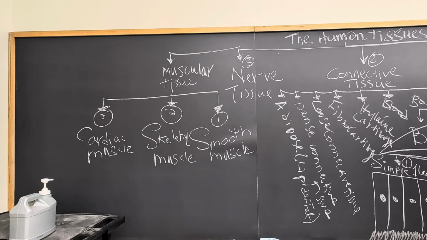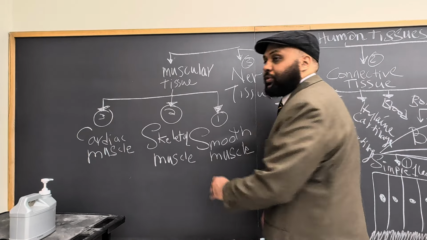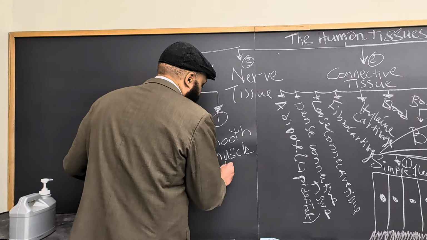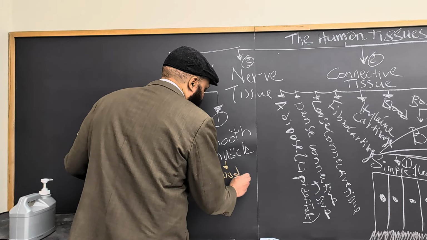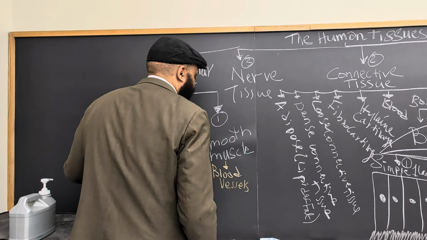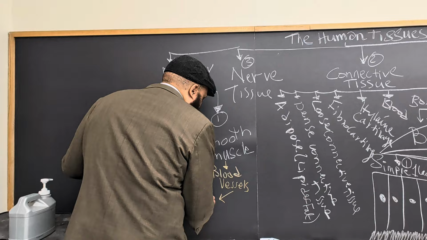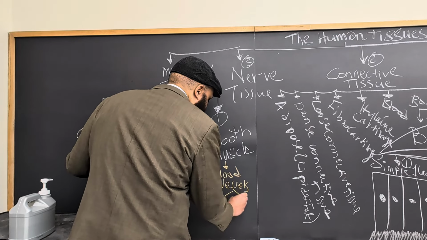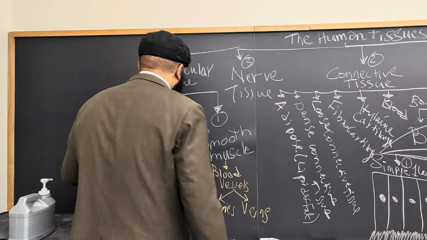For your lab practical, you only need to know about the skeletal muscle. So a smooth muscle is the type of muscle we find in the blood vessels, like your arteries and your veins.